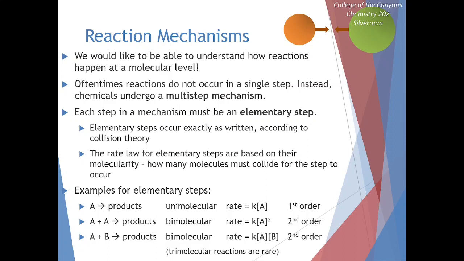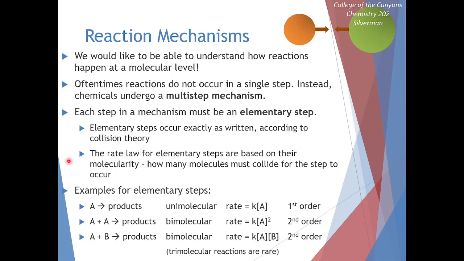However, in our reaction mechanism, each individual step that we display has to be what is known as an elementary step. This elementary step occurs exactly as it's written, which means this is the exact collision that needs to occur.